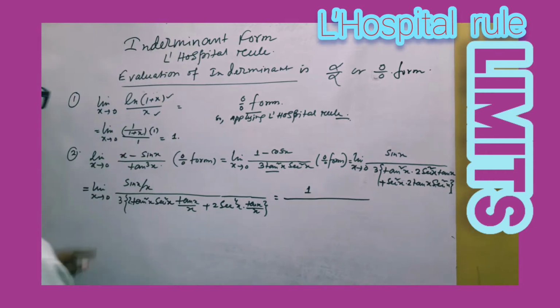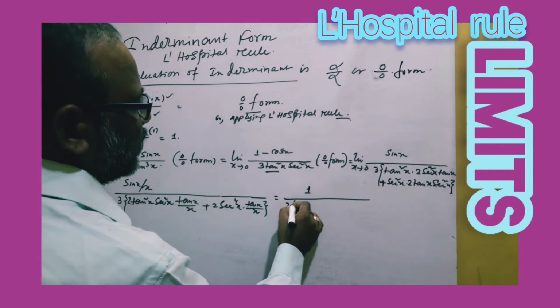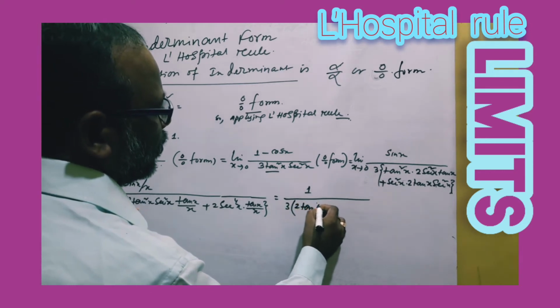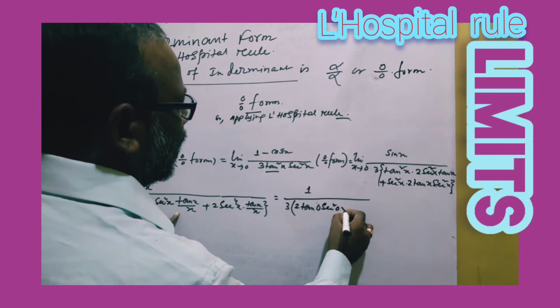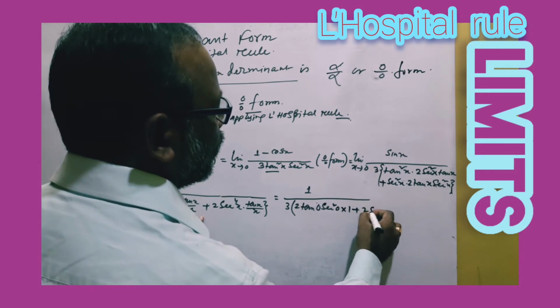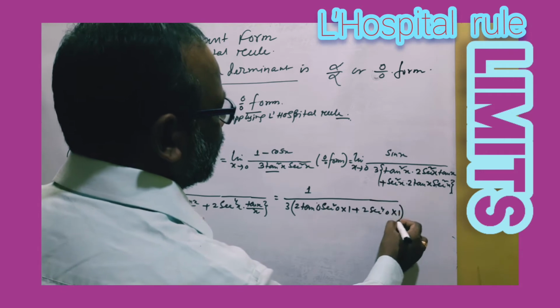So we can apply the standard rule: limit x tends to 0, sin x by x is 1. So this is 3 times that, so 2 into tan 0, and sec 0, and 1 plus 2 into sec to the power 4 of 0, and this is also 1.